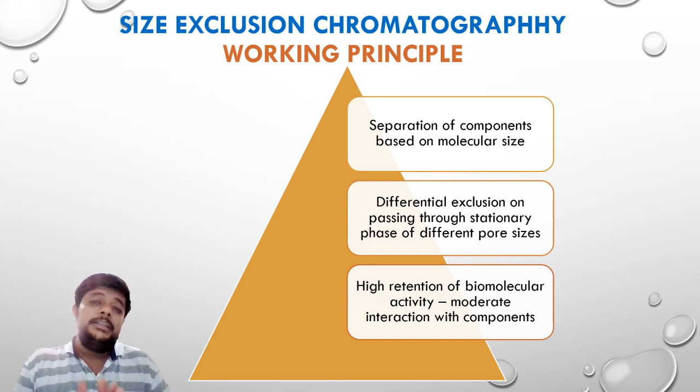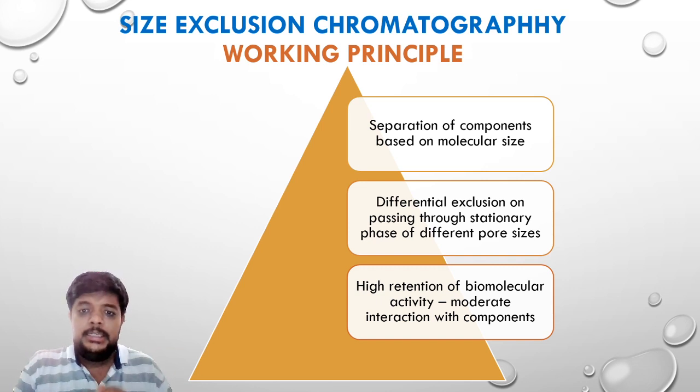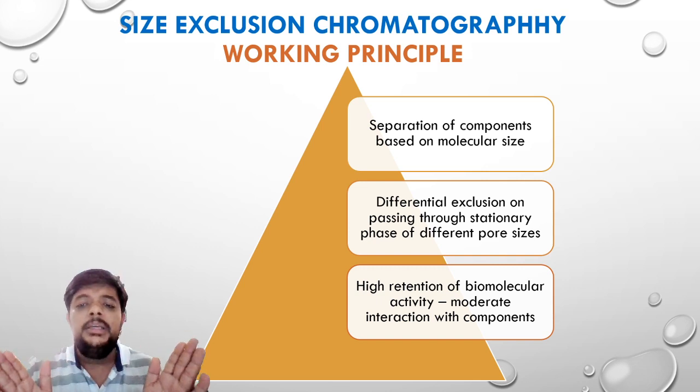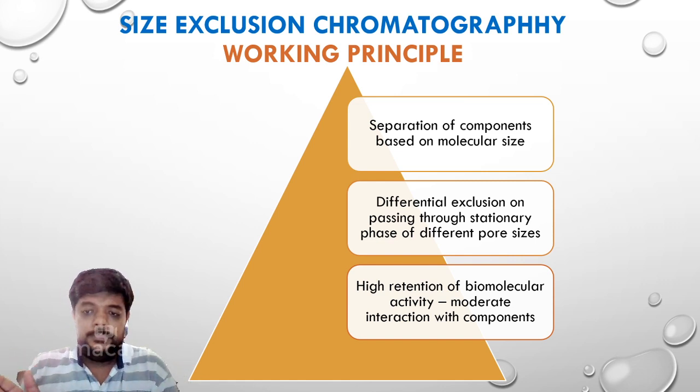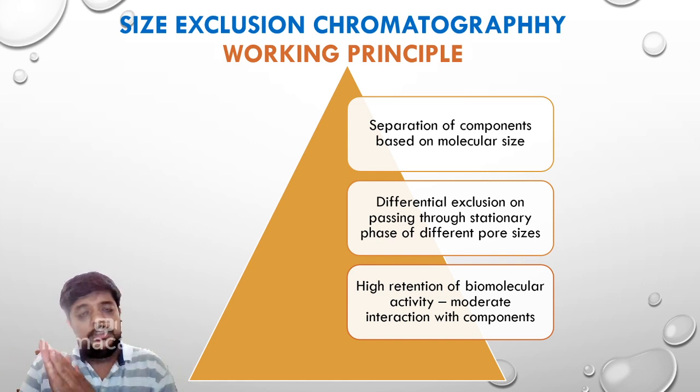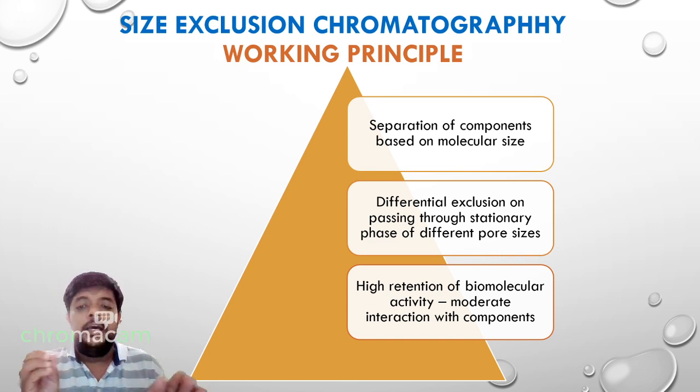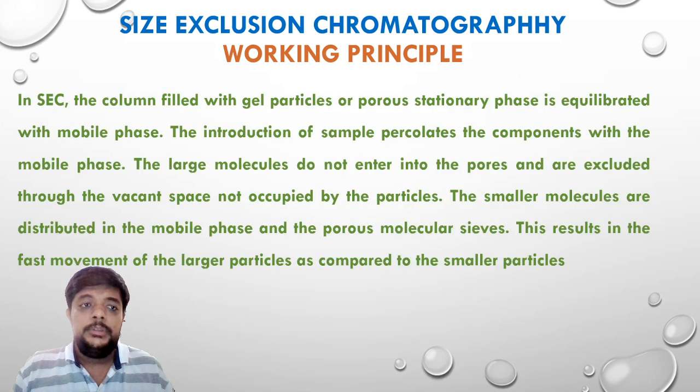And as the interaction is very less, it will not be much retained in the column. So it is considered over here as a moderate interaction with the components.